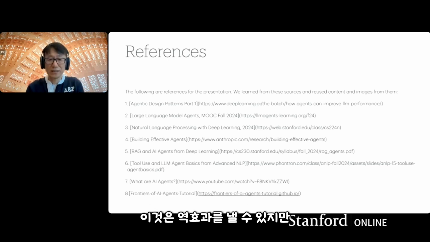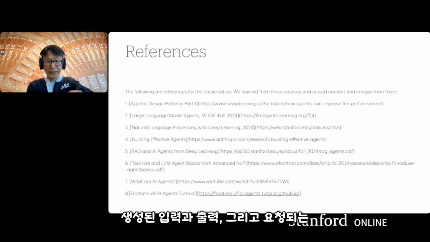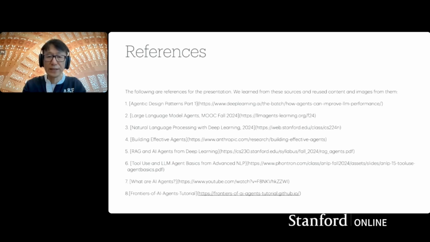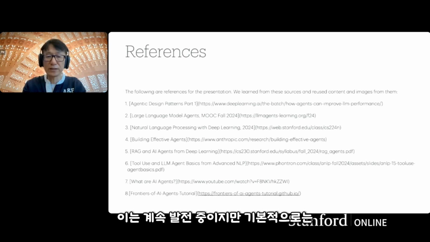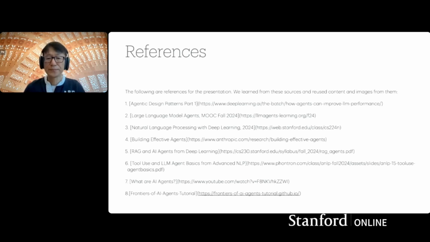This can backfire, but as an enterprise or business, you may be on the safer side, making sure the generated output, as well as the input queries being requested, are safe and reasonable. This is evolving, but fundamentally it is something that checks the output using a type of classifier or even a decoder type model.